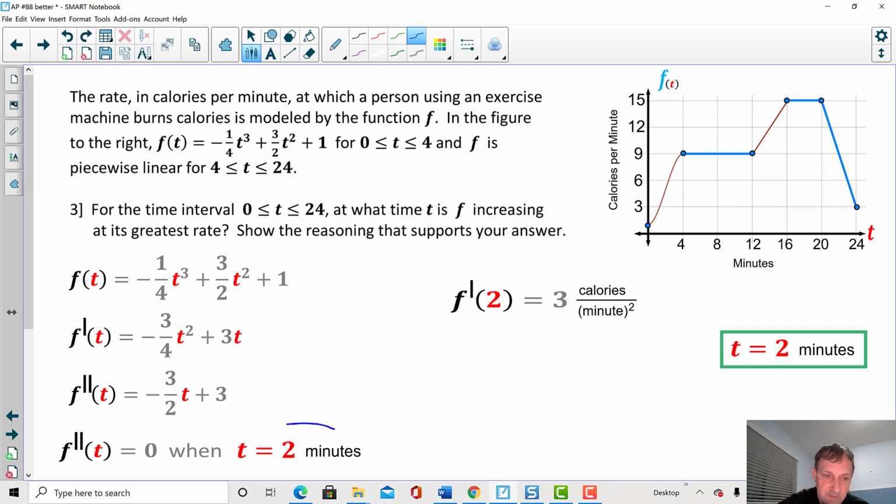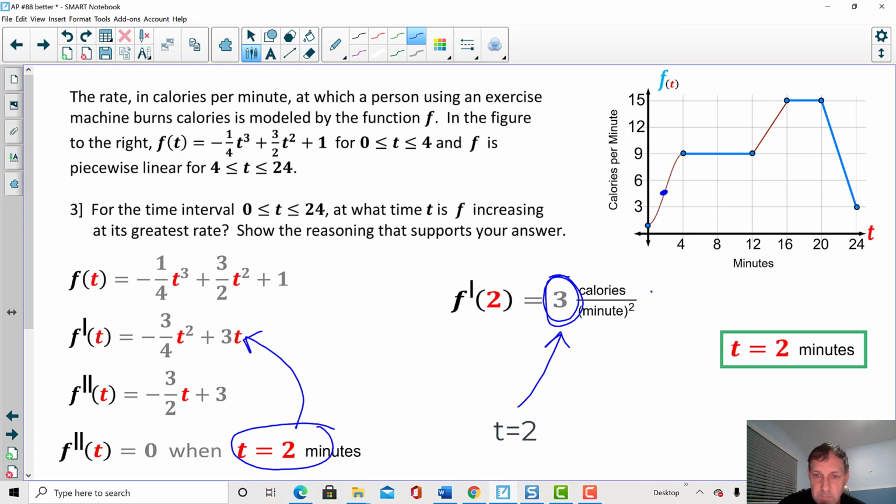So it turns out we're getting either a max or min when t is 2. So we want to find out, well, what is the slope then when t is 2? So we need to plug in a 2. And if we plug in the 2, we're getting a slope of 3. So that's how much f is increasing at time t equals 2. At that point right here, f is increasing at this rate, 3 calories per minute squared.